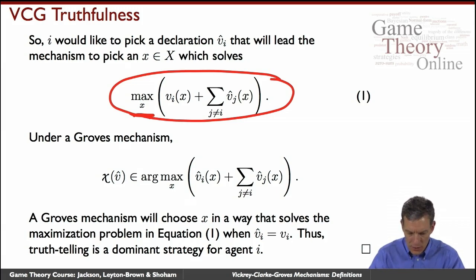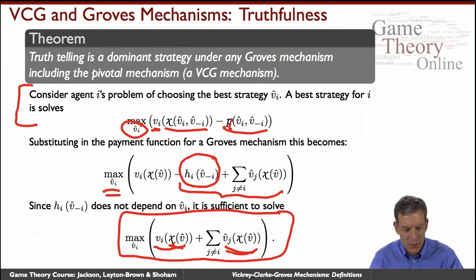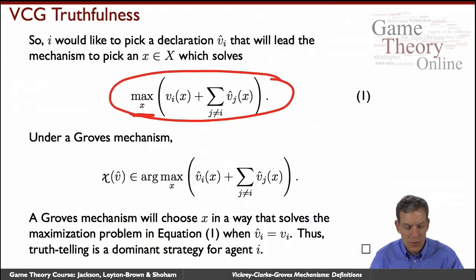Okay, so if we go back and look at this problem, maximizing over V hat I is equivalent to saying, let's try and get the mechanism to choose an X which will maximize this overall. If that declaration gets an X which maximizes this, then that's certainly doing as well as possible.